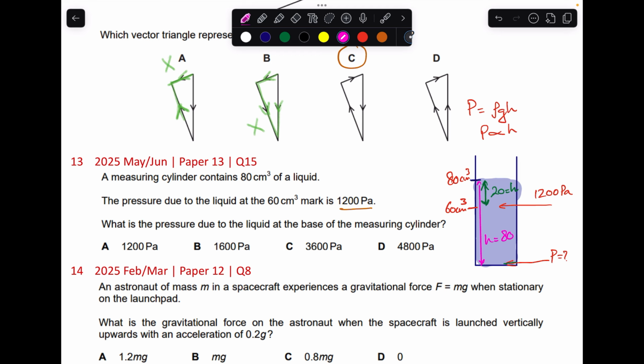So when the depth is 20, pressure is 1200, and when the depth is 80, what will be the pressure? x equals 1200 multiplied by 80 divided by 20. This gives you 4800 Pascal.